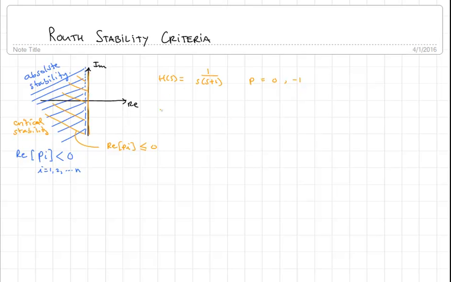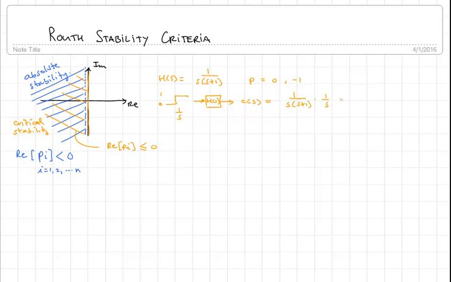And this is critically stable because if we apply a unit step, which is 1 over s, to this system, the output C of s is going to be equal to 1 over s times s plus 1, times the input, which is 1 over s.